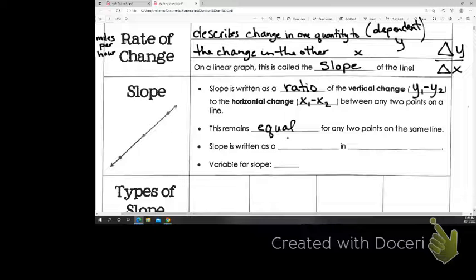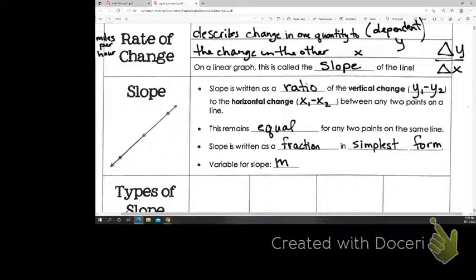So the slope should be written as a fraction in simplest form. In other words, we need to reduce the fraction if we can. We do not want mixed numbers. And the variable that we will use for slope is m.